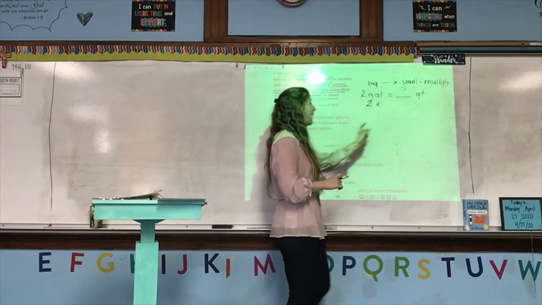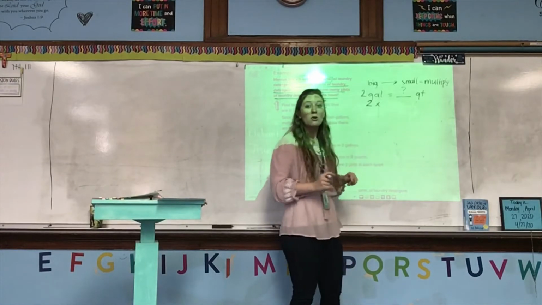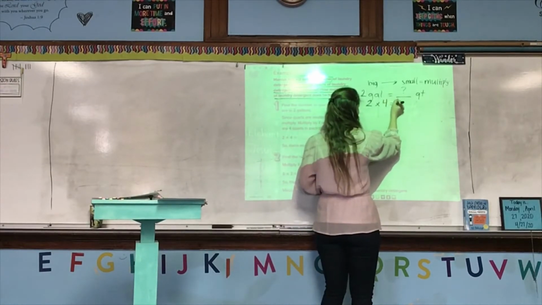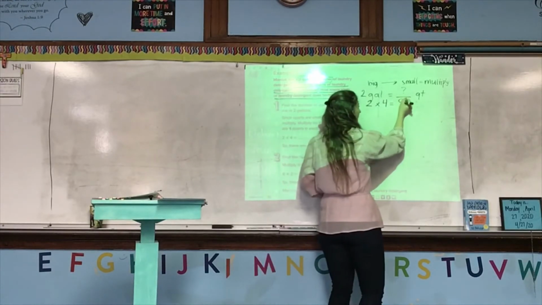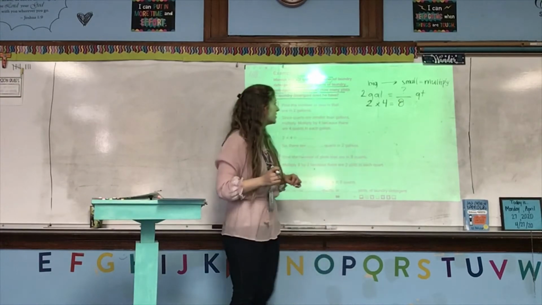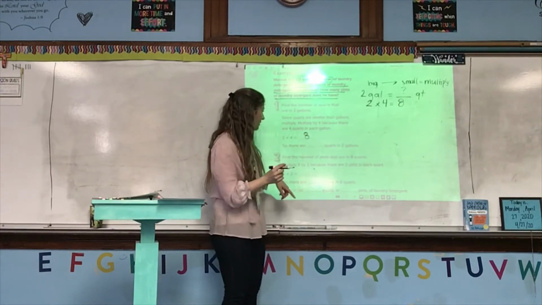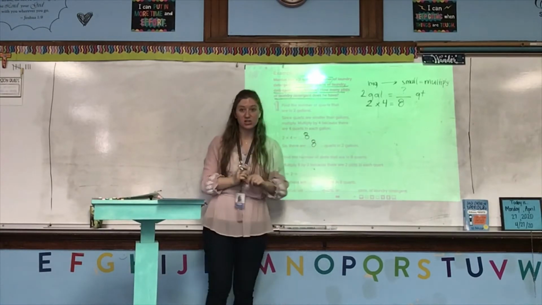The only other option is to multiply by the number of quarts in a gallon, which we know is 4. We know that there are 4 quarts in a gallon. 2 times 4 is 8. So that means that there are 8 quarts in 2 gallons.